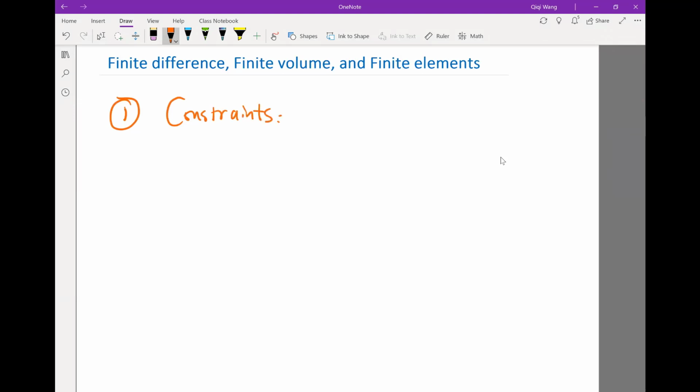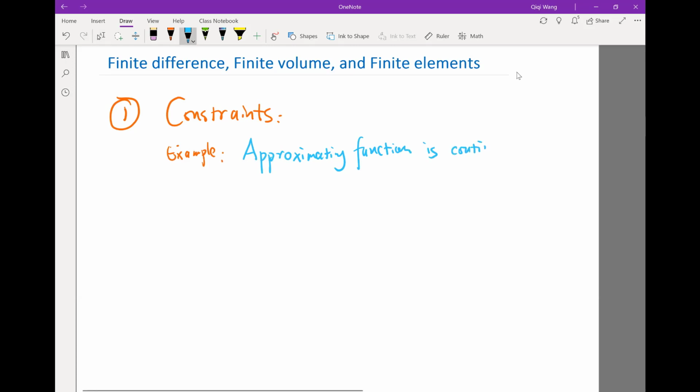The constraint in this example is I want the approximating function to be continuous and piecewise linear, and it is piecewise linear in each element.